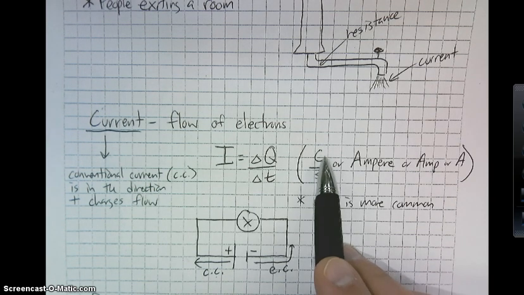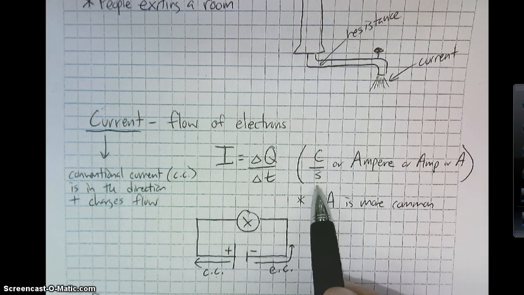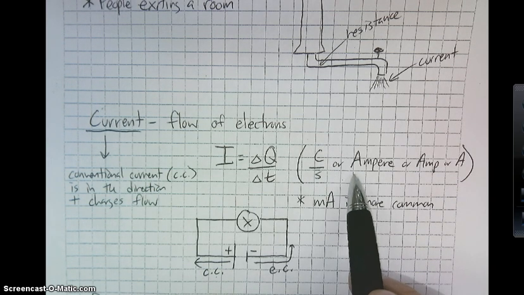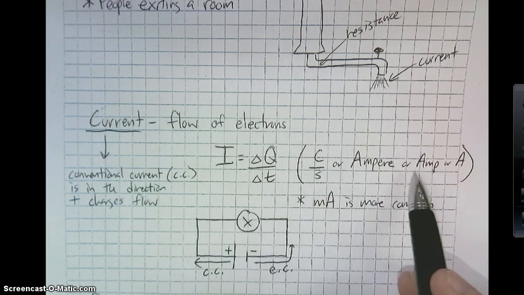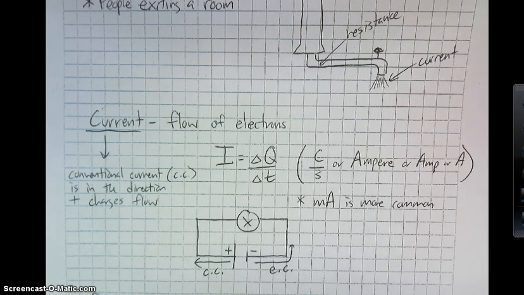So units: you can have coulombs per second, which is better known as an ampere or an amp, or simply the letter A to represent amps. One little note here: more often you're going to see milliamps than full amps, at least in the majority of problems that we do. Not to say that you're not going to see full amps, but milliamps is relatively common.